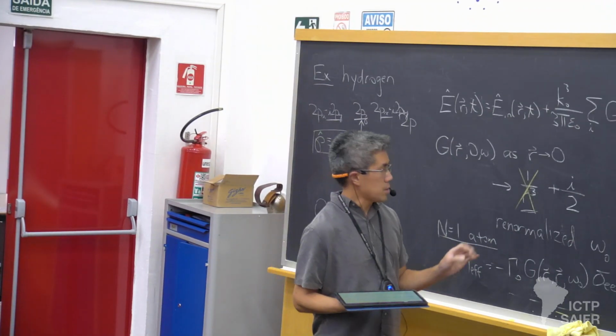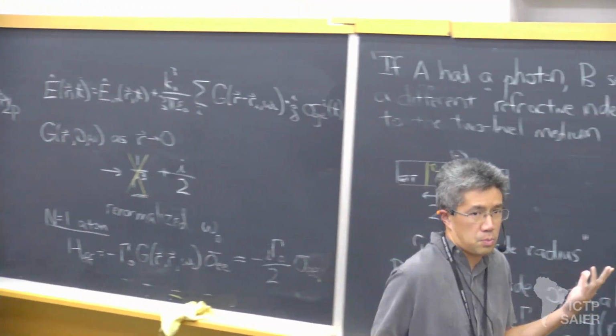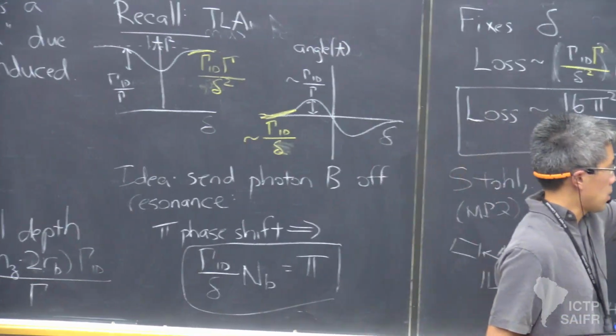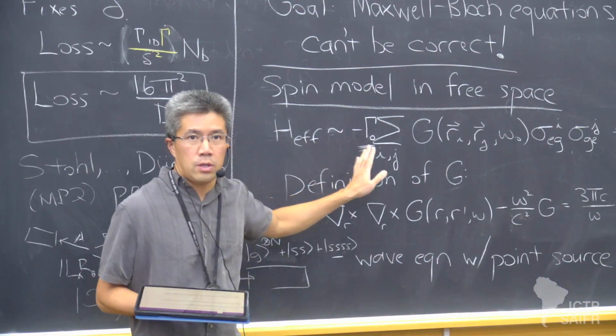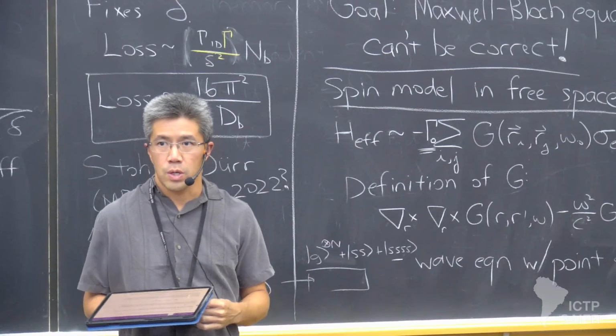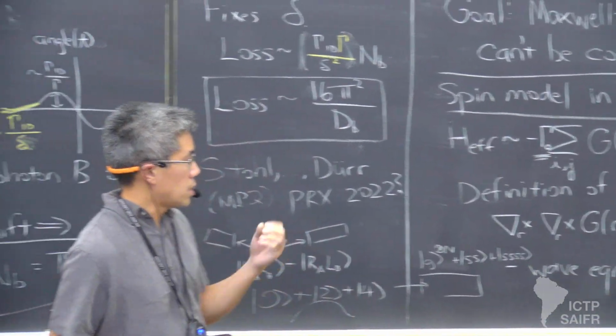Okay, so just to summarize, the Green's function formalism should, in principle, be applicable in free space. Here's our effective Hamiltonian, or if you want, you could write back the full Lindblad master equation. And the spirit in which we're going to use it is the following.